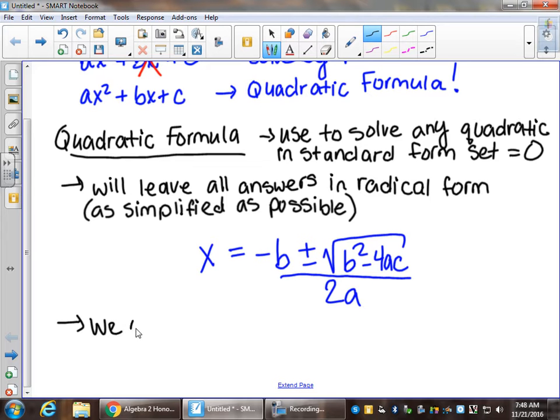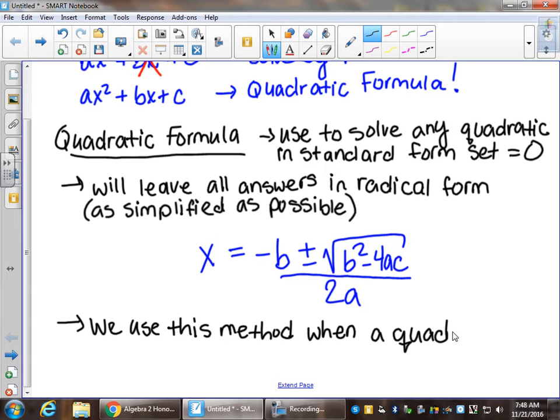We use this method when a quadratic is not factorable. So again, factoring is still a primary tool if possible, but if factoring is not possible, the quadratic formula will get our solutions every time.